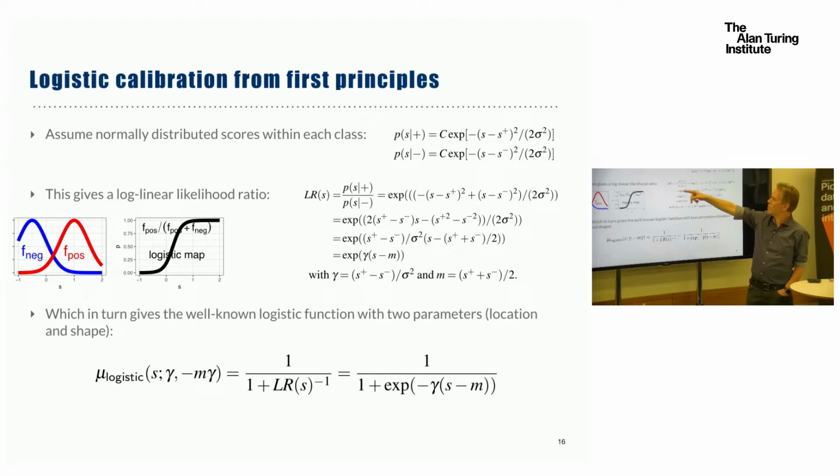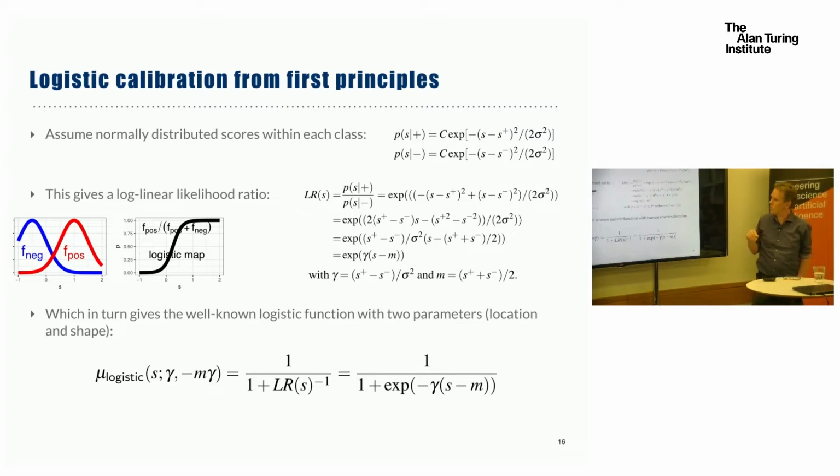And if you then convert the likelihood ratio into a probability, you get this formula. So this is your one-slide introduction to why logistic scaling, Platt scaling, might be a good idea. Okay? But I have to say it's a sufficient condition, not a necessary condition.